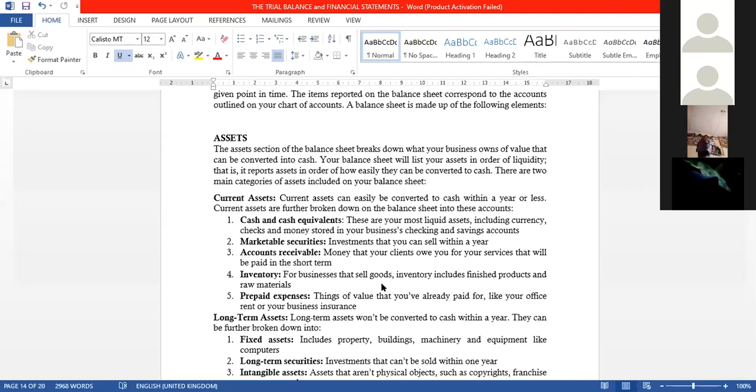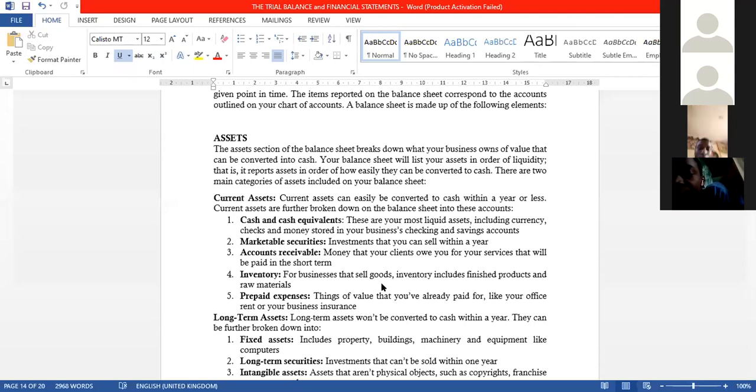If you own a calculator, because it is of value, that is an asset to you. If you own a table or a chair, it is an asset to you. If you have a plot of land somewhere, it is an asset to you. If you have built a house, that house is an asset to you, because if you wanted to sell it, you can sell it and get some cash equivalent to its value, right?